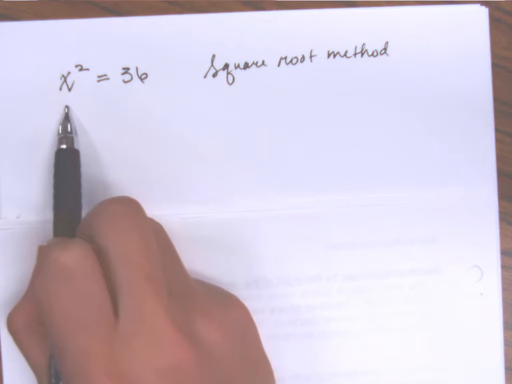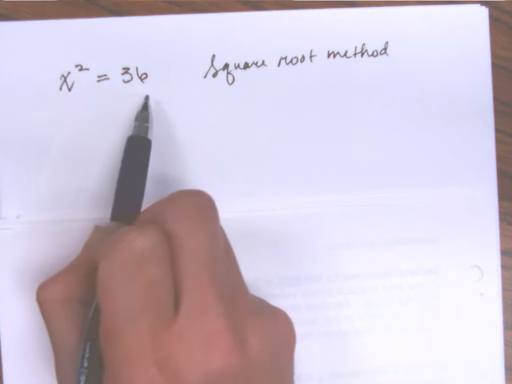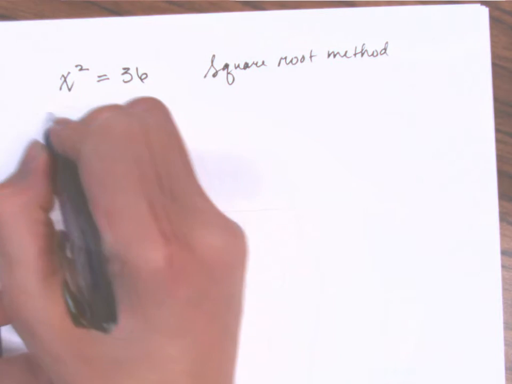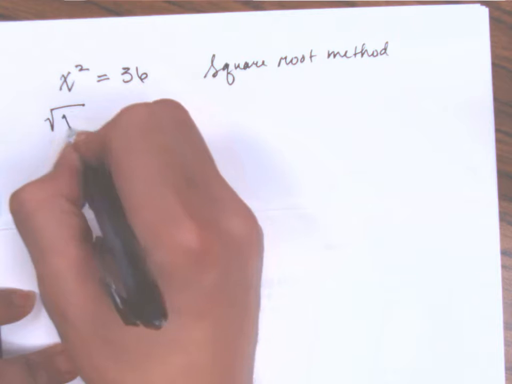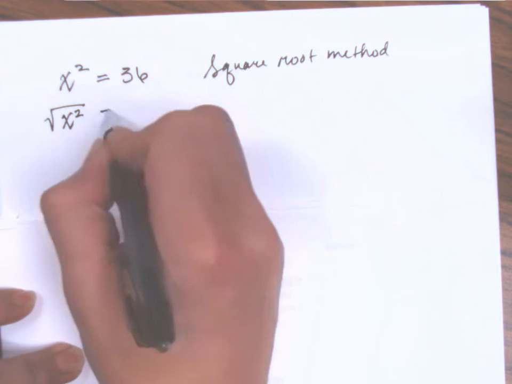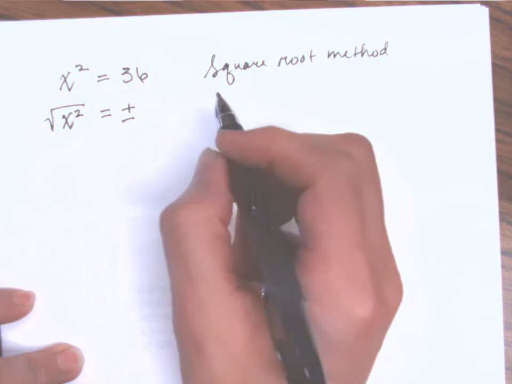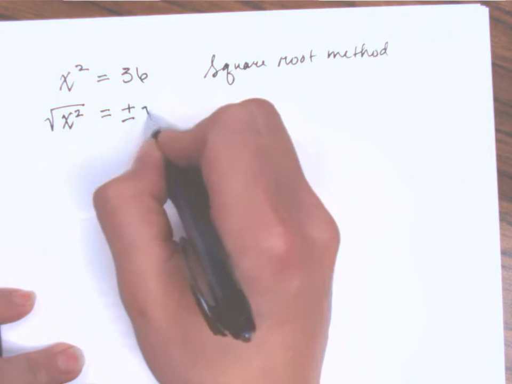And if I'm going to do it to this side, I also have to put a square root on this side. So the first step here is to put a square root on both sides. You do need a plus or minus sign on the right hand side.